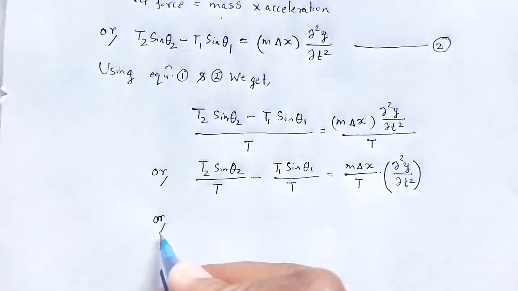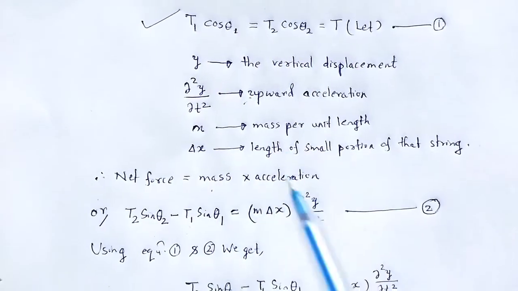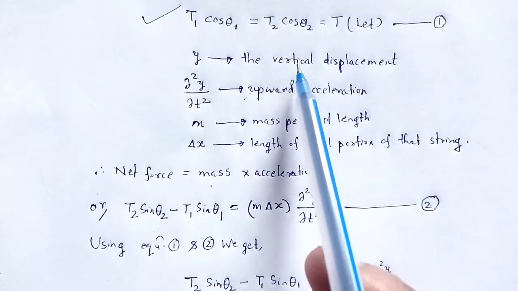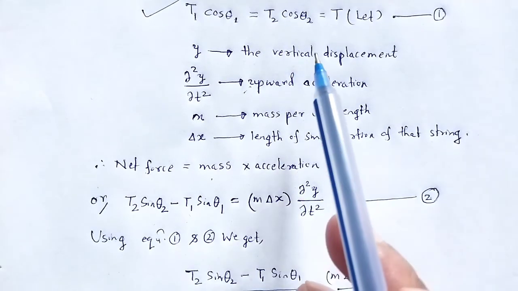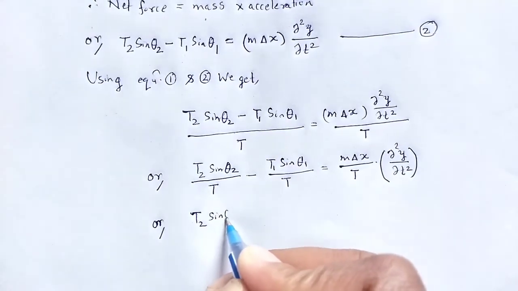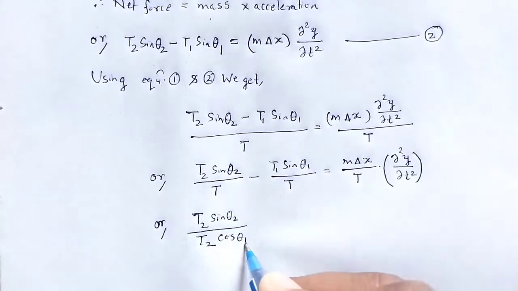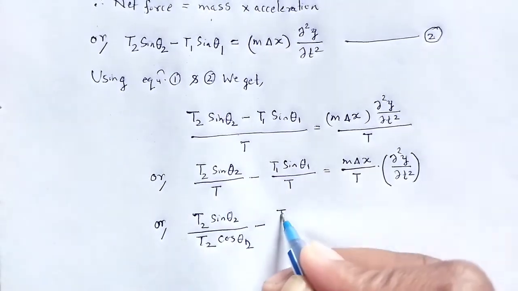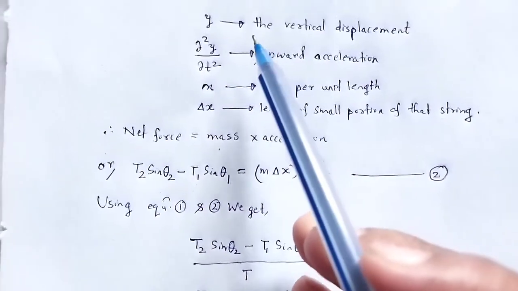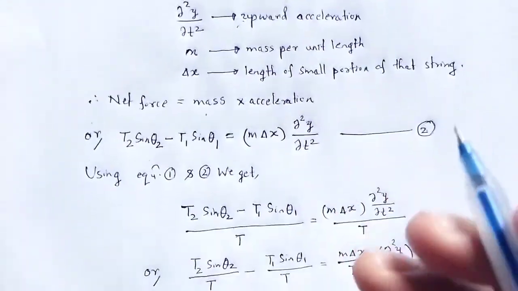Since these two are equal, in place of T I can substitute T2 cos theta 2, and likewise T1 cos theta 1.